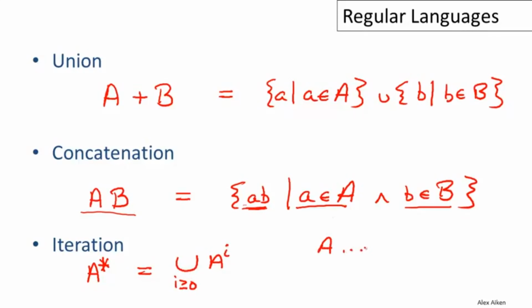A to the ith power is just A concatenated with itself i times. Note that because i can be equal to 0, one of the possibilities is A to the 0, A concatenated with itself 0 times. And that's the language epsilon, the language containing the empty string. So the empty string is always an element of A star.